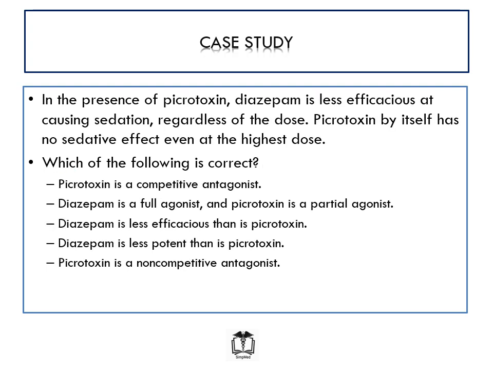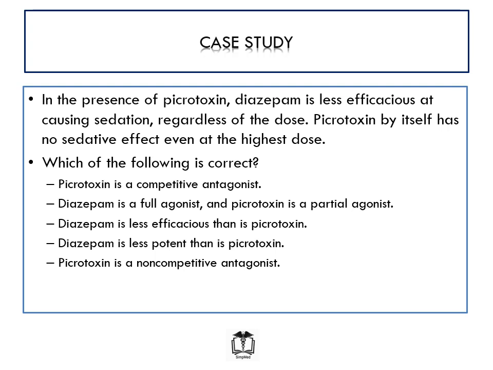The second case study says in the presence of picrotoxin, diazepam is less efficacious at causing sedation regardless of the dose. Picrotoxin by itself has no sedative effects even at its highest dose. So this is a typical example of a non-competitive antagonist.